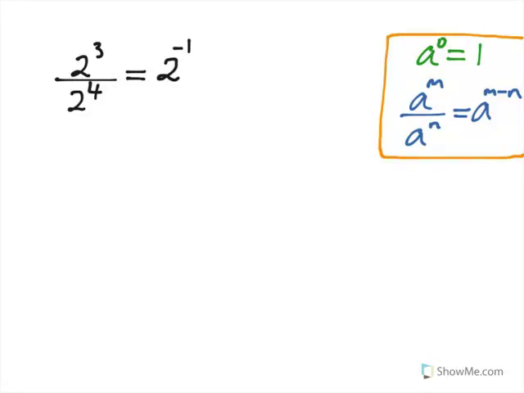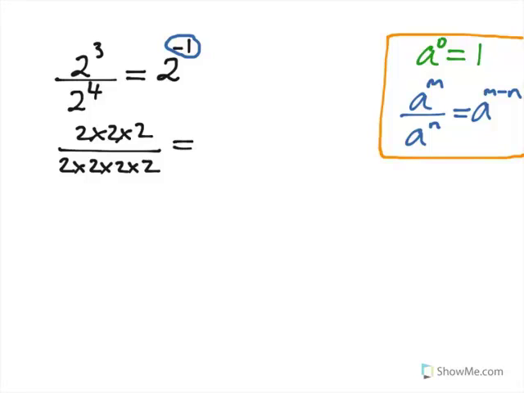Now we know what 2 cubed means, it's 2 times 2 times 2. But what we don't know is what this negative 1 power really means. To be able to see that, we'll write the 2 cubed as 2 times 2 times 2, and the 2 to the power of 4 as 2 times 2 times 2 times 2.